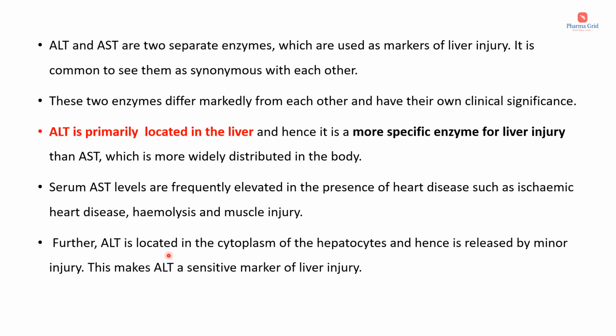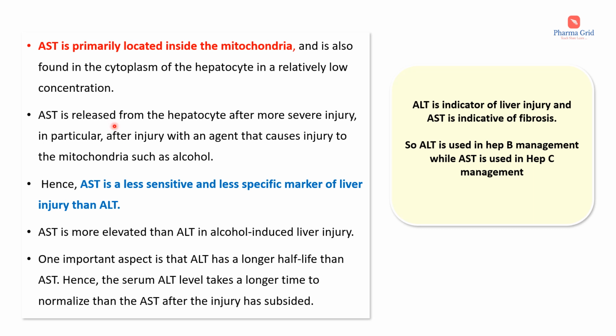Further, ALT is located in the cytoplasm of the hepatocytes and hence is released by minor injury. This makes ALT a sensitive marker of liver injury. Now, regarding AST, it is primarily located inside the mitochondria and is also found in the cytoplasm of the hepatocyte in a relatively low concentration.